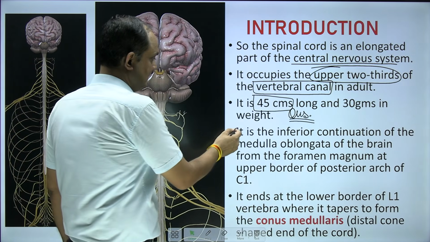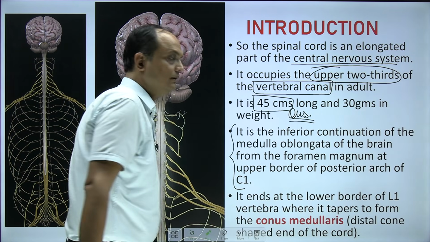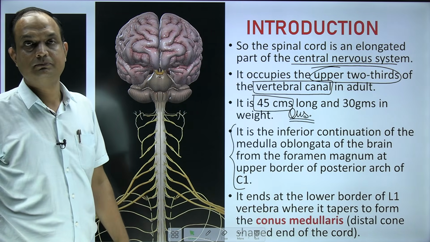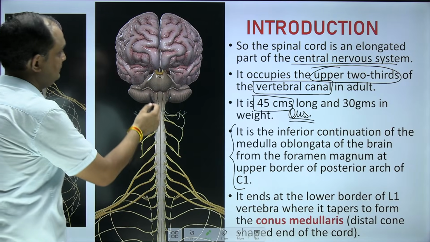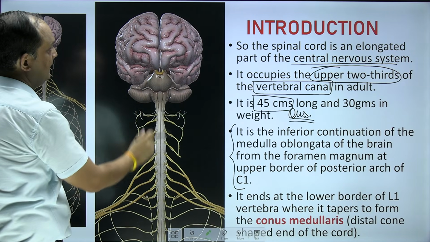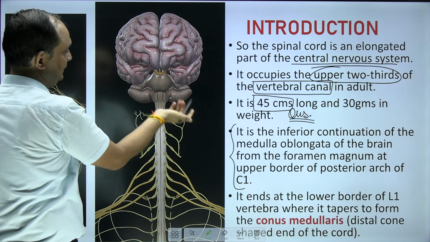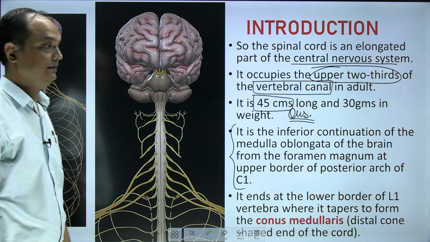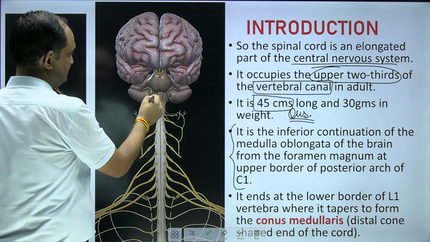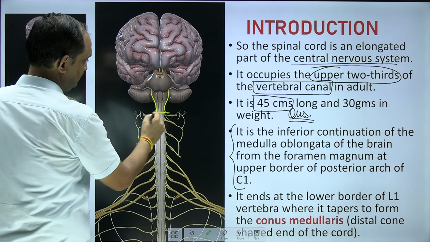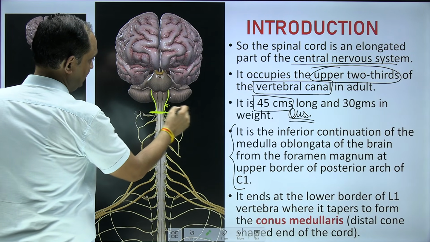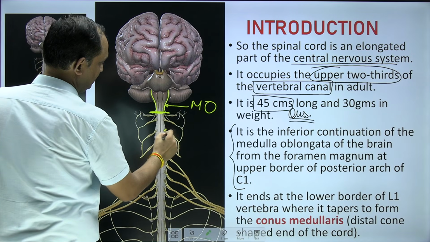So when you see the upper limit, or the point of origin of the spinal cord, you have to check it here. This is your central nervous system. This is the brain, and below and behind you have the brain stem. Here you can see this is your medulla oblongata. This is the junction between the medulla oblongata and the spinal cord.